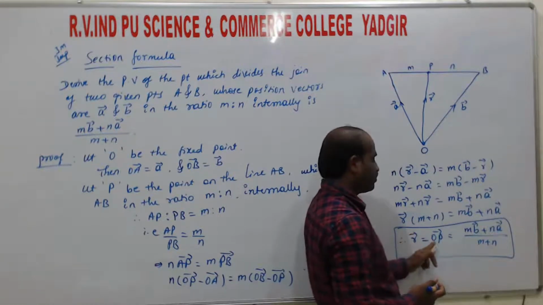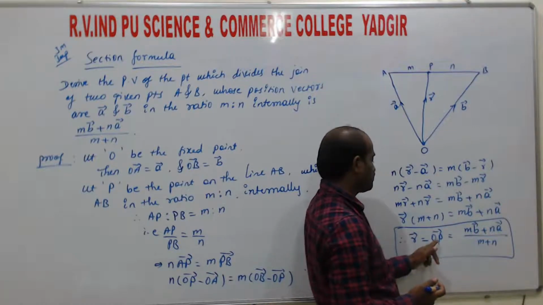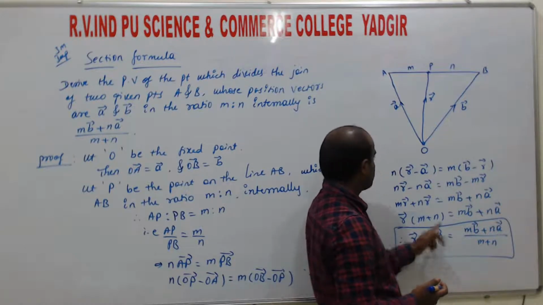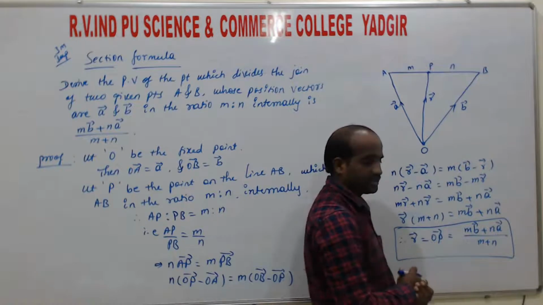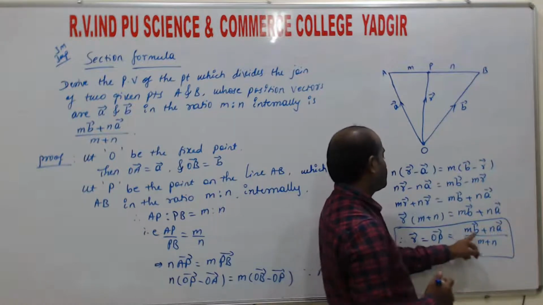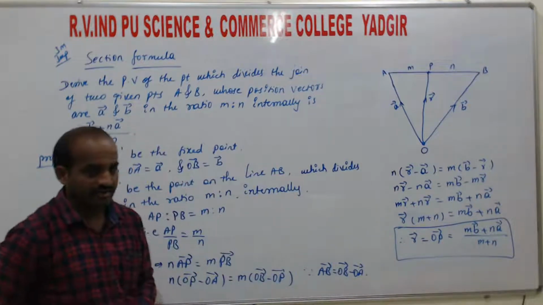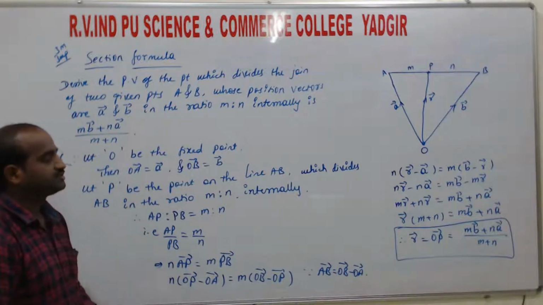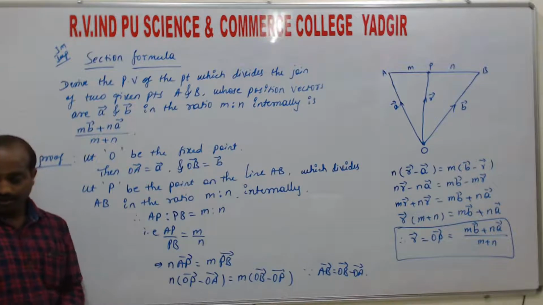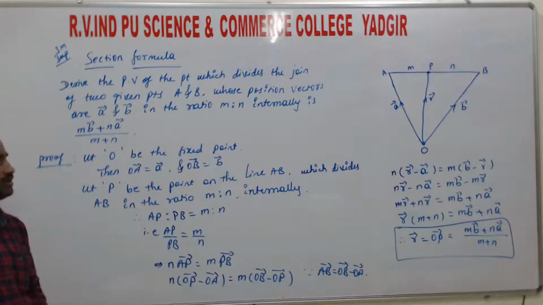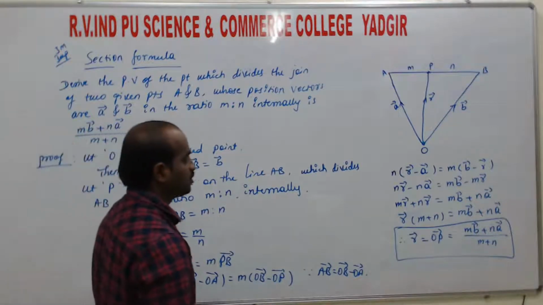R means what? OP vector, the position vector of the point P with respect to O, is given by OP vector is equal to R, MB vector plus NA vector divided by M plus N. This is the section formula for internal division.